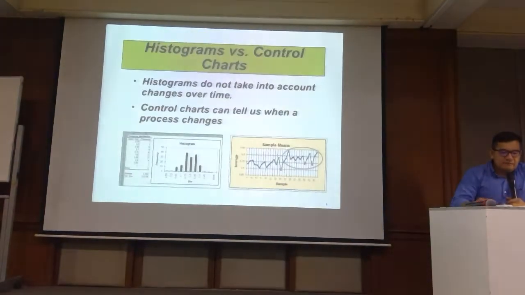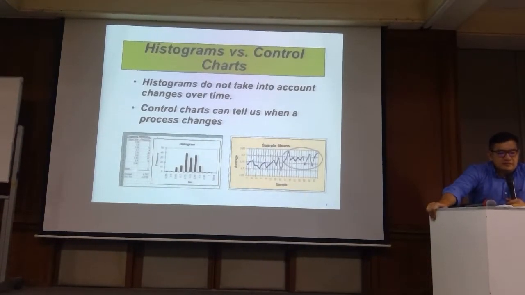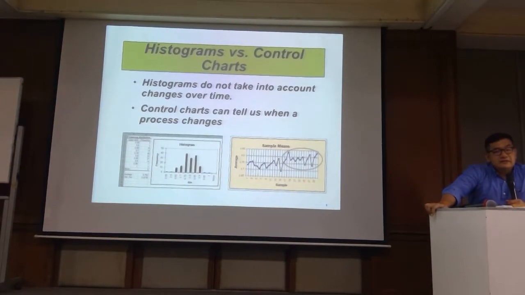Some people are curious why we need to use a control chart and not the histogram. We already talked about the histogram. It is a tool we use to measure dispersion or variation. But it's different from the control chart because the histogram cannot measure the output of the process over time, but the control chart can.